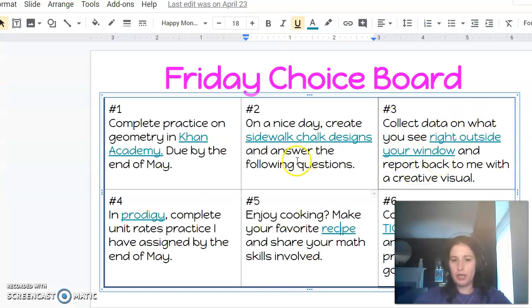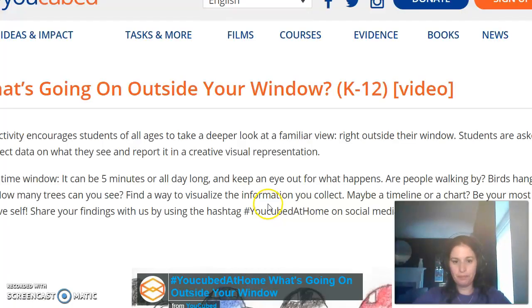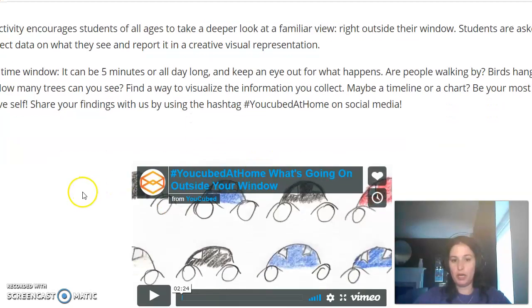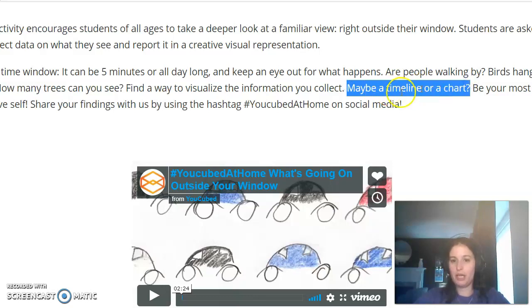I still have the sidewalk chalk for nice days, if you would like to do that, and the right outside your window. The right outside your window is just taking about 5-10 minutes observing what you see, what goes by, anything that you may want to observe, but then collecting your data and giving me a timeline or a chart to nicely graph the information that you saw.